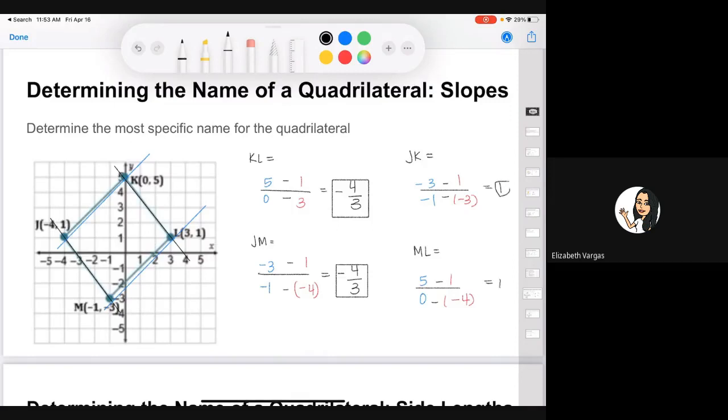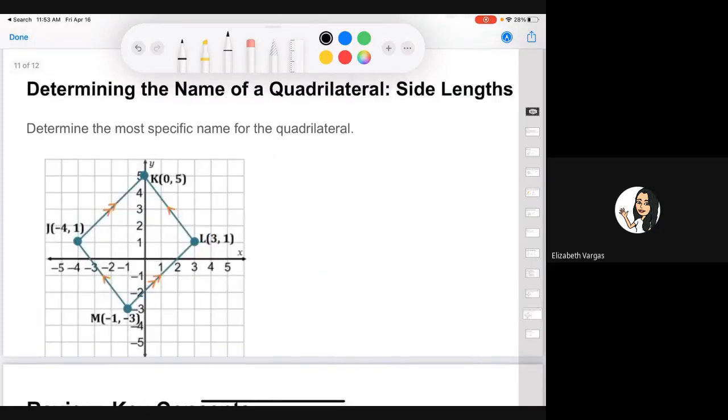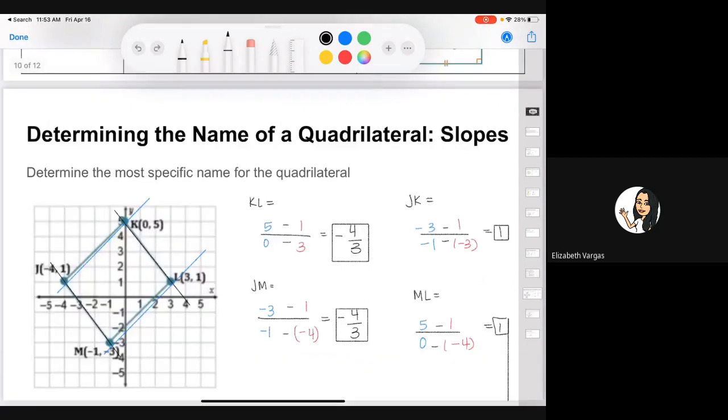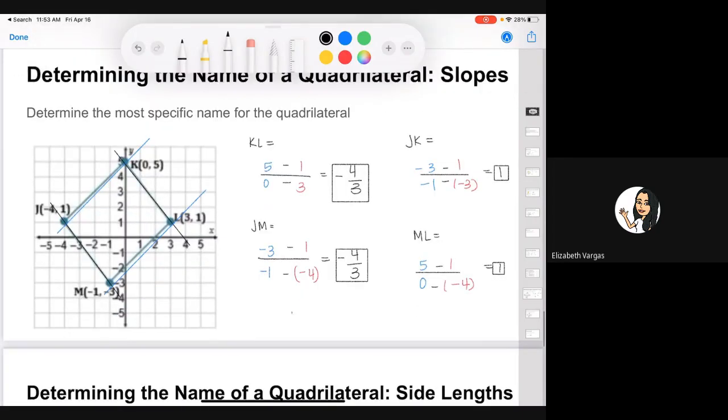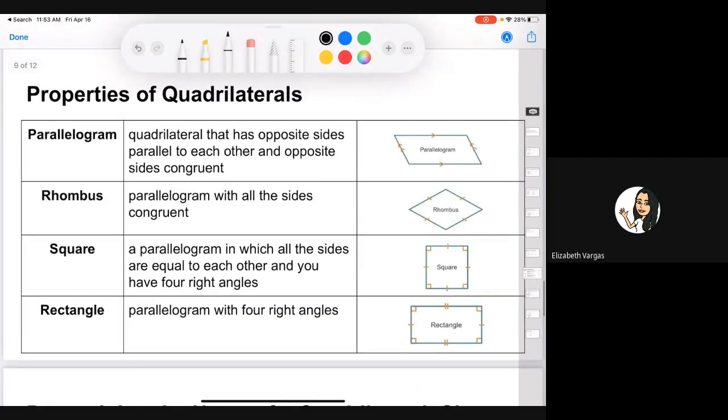And because those slopes are equal to each other, that will tell me that this quadrilateral is a parallelogram. And if you're asking why, it's because a criterion for being a parallelogram is that opposite sides are parallel.